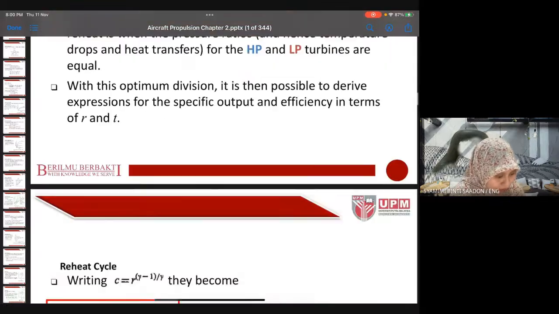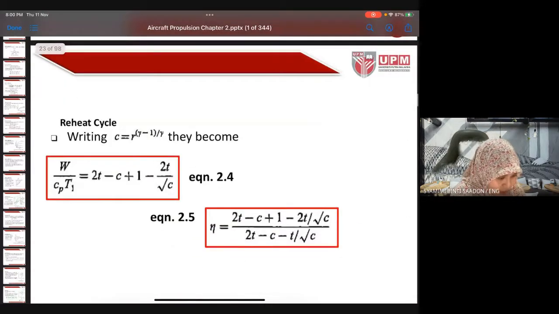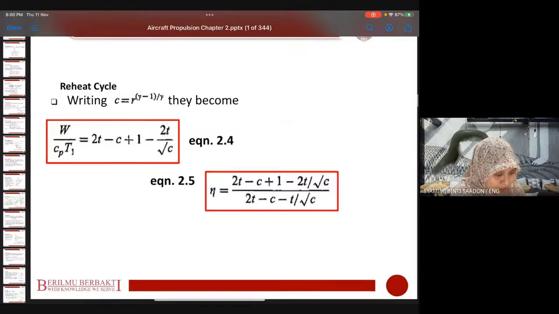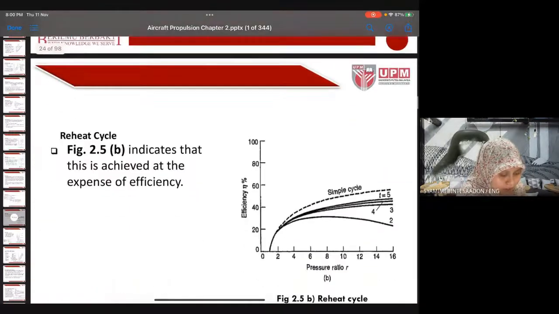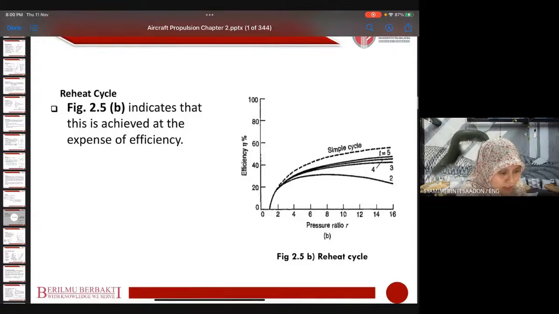Okay, this is just an explanation of what I showed just now. Also these are the equations that we can use, the relation between the specific work and the cycle efficiency with the ratio of the temperature and the pressure ratio. With equations 2.4 and 2.5, we can again sketch this figure 2.5b.